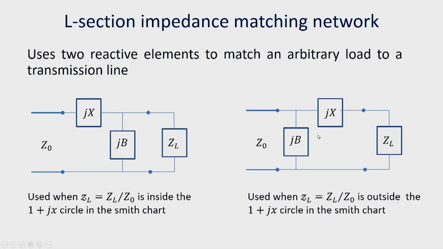So, you can see that for these two circuit configurations, essentially we can have 8 different circuit combinations using the lumped elements, inductors and capacitors. For example, this may be an inductor, this a capacitor, like that. 8 combinations are possible.